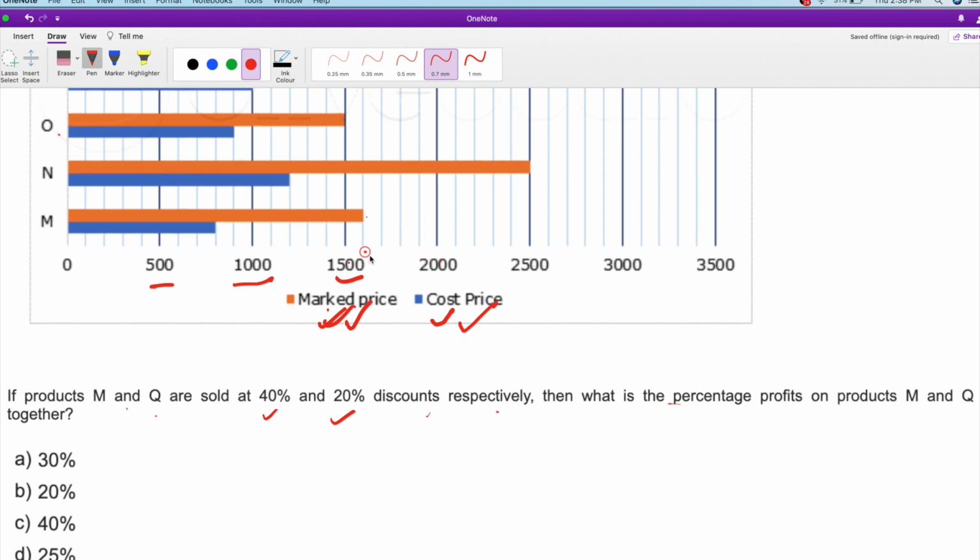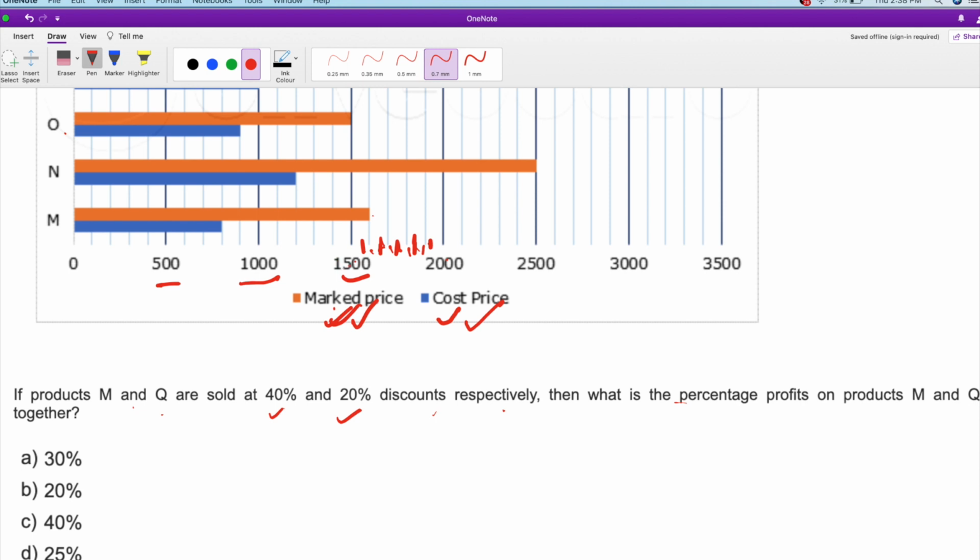This is 1500, this is 2000, and there are 5 spaces in between, which means the value of each space is 100. So the marked price of M is 1600.